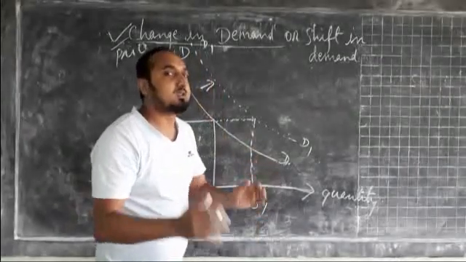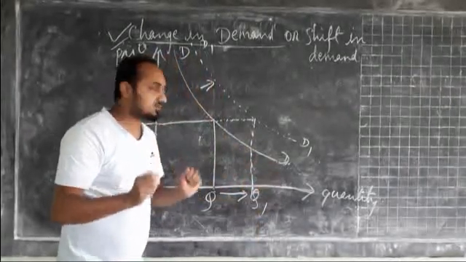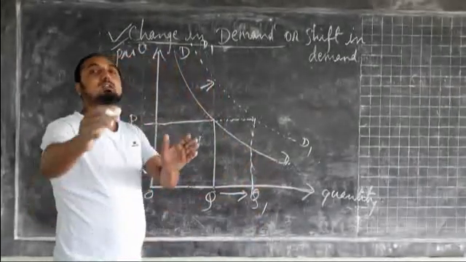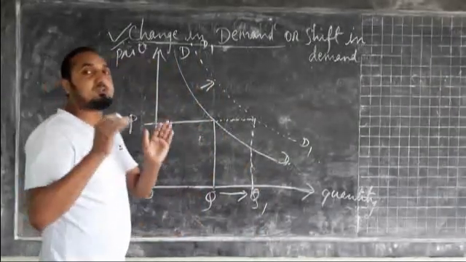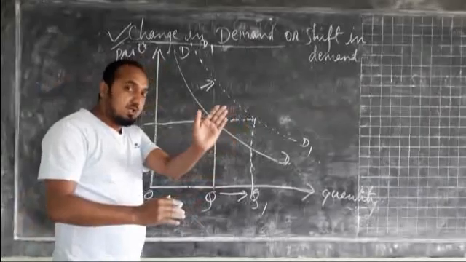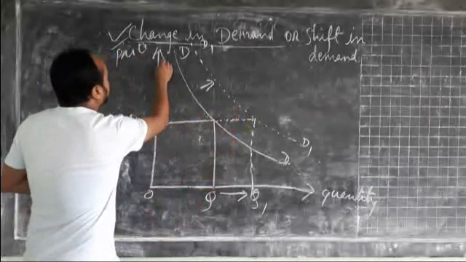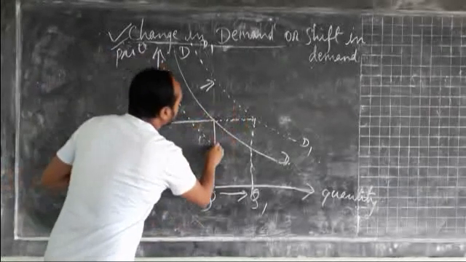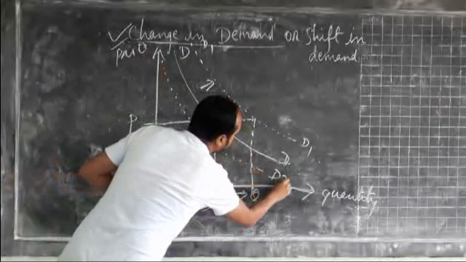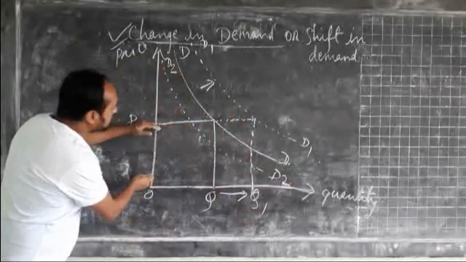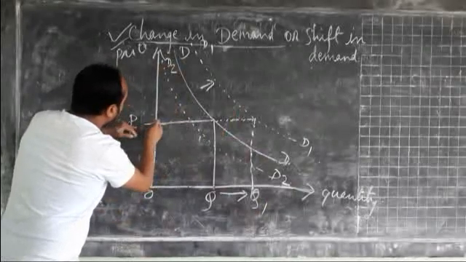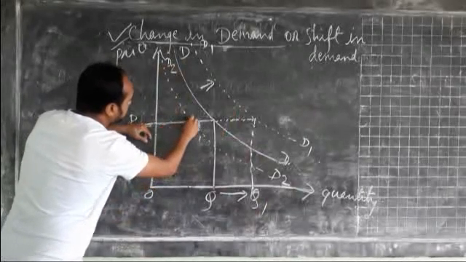Similarly, if the income of the consumer decreases, suppose it is decreasing from 30,000 to 15,000 or 20,000, in that case the demand curve will shift parallelly leftward. So in that case we get the new demand curve, that is D2. So at the same price we can see that the price line is intersecting at this point.